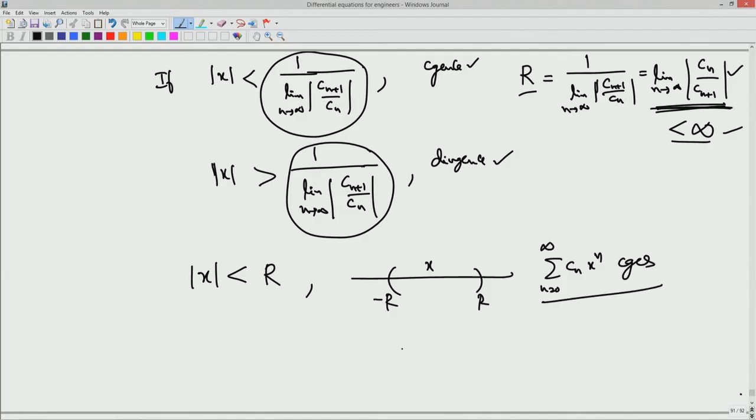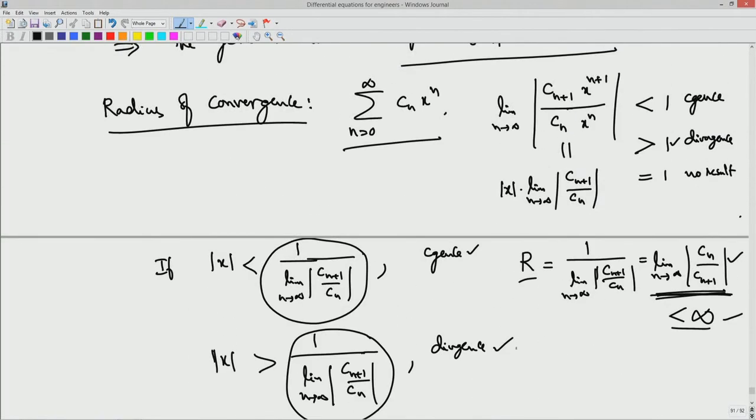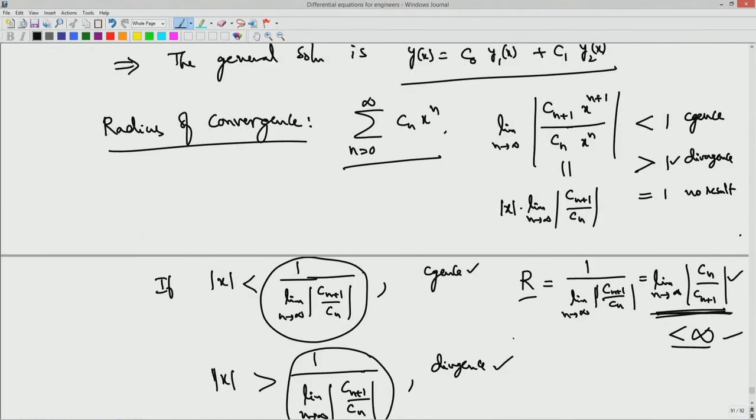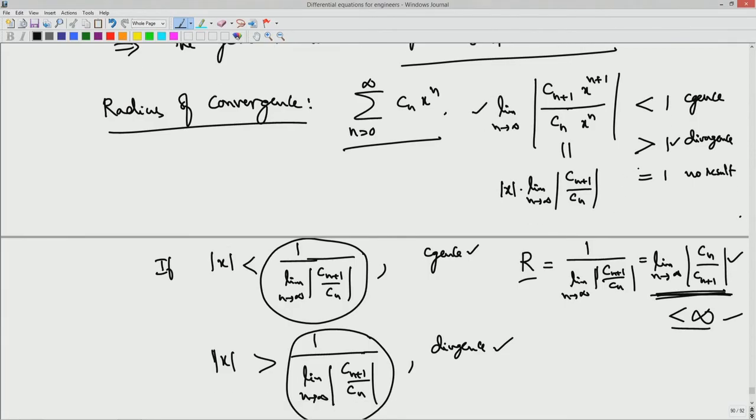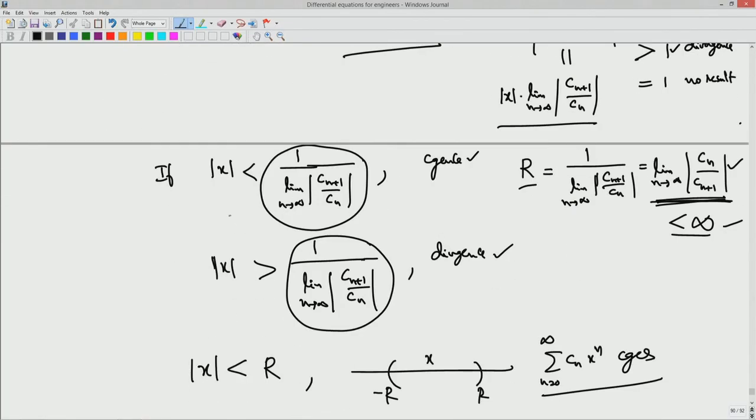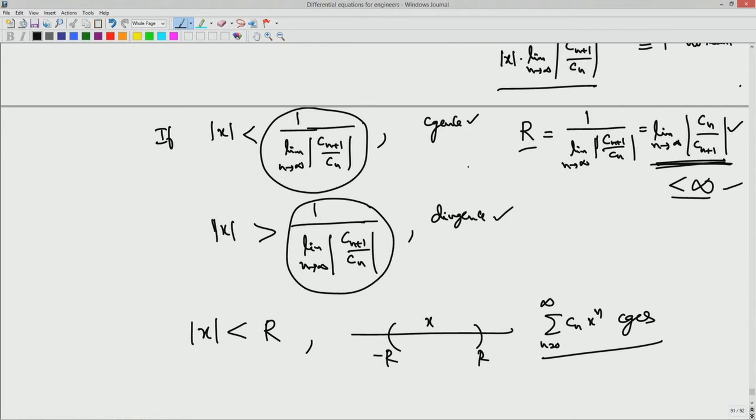That is the meaning of radius of convergence. So, you can always calculate the radius of convergence of a power series from the ratio test of a number series. Fix your x; if this quantity is less than 1, you have convergence. That is the same as saying mod x is less than this quantity, and that quantity is the radius of convergence.